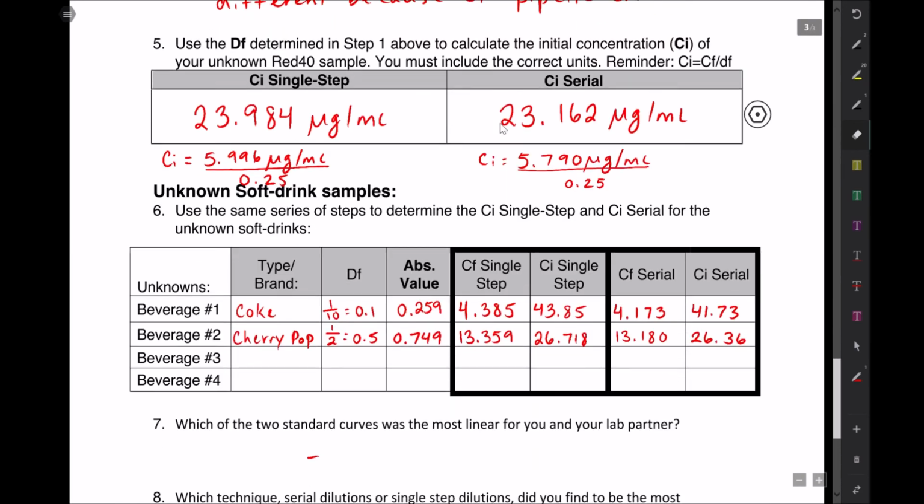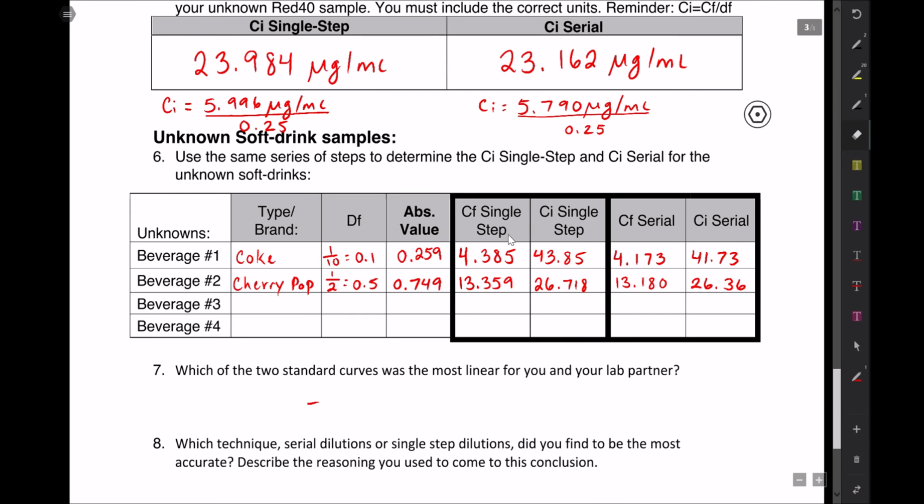So for this one, for the single step, you plug 0.259 into the single step trend line. And then you also plug the 0.259 into the serial dilution trend line. Okay, so that's for CF, because that's the concentration final. That's the most diluted, so you're plugging this absorbance value into the Y to solve for X to get the CF single step and the CF serial.